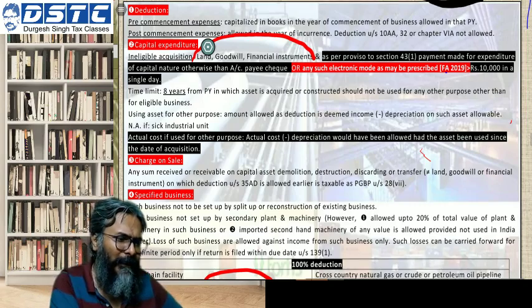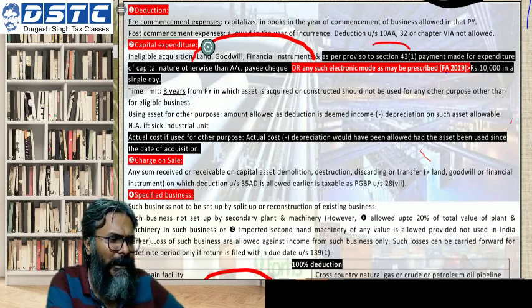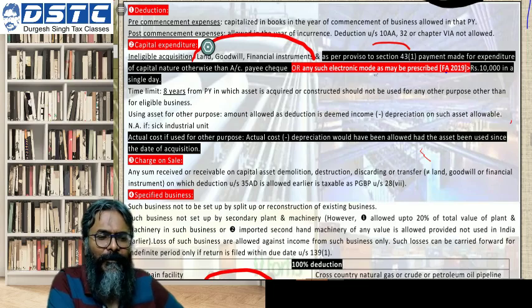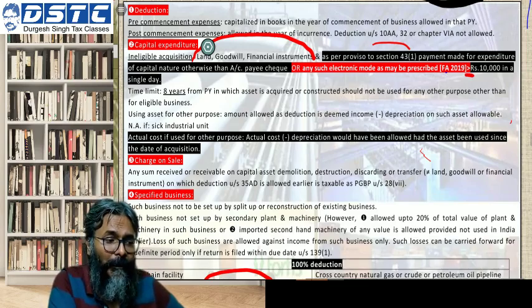So that is what they are trying to say, students, over here. As per the proviso to section 43(1), payment made for the expenditure of a capital nature otherwise than by way of an account payee cheque or any other electronic mode as may be prescribed, in excess of rupees 10,000 on a single day, you will not be getting the deduction.